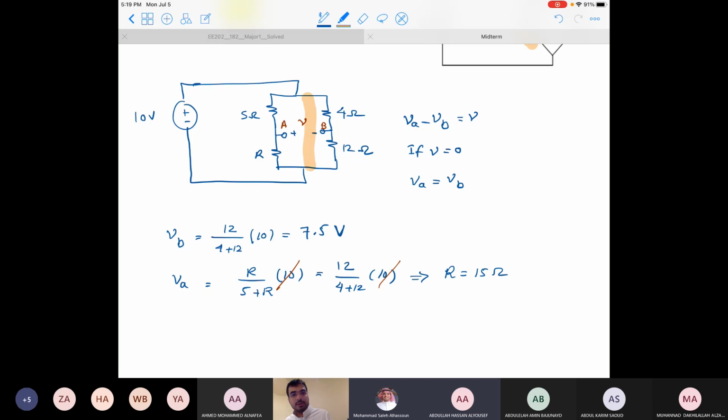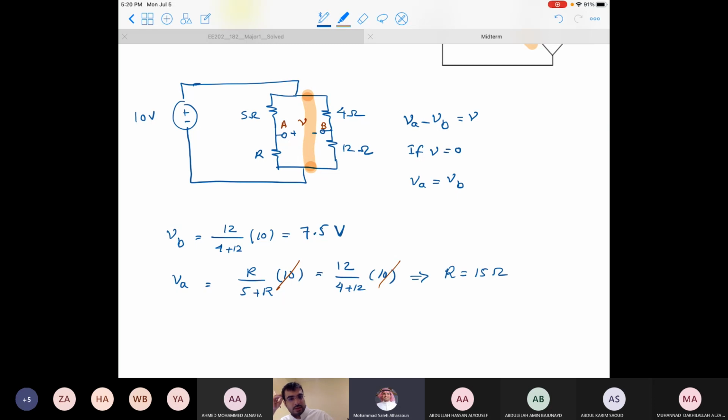Can you apply voltage divider law? Think about it. There is an imaginary source here, 10 volt, connected between this terminal and that terminal. And can you still apply KVL? Can you still apply voltage divider law? I think you can. Yeah.